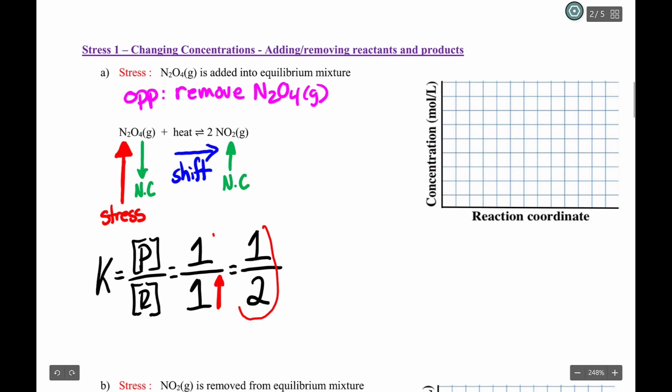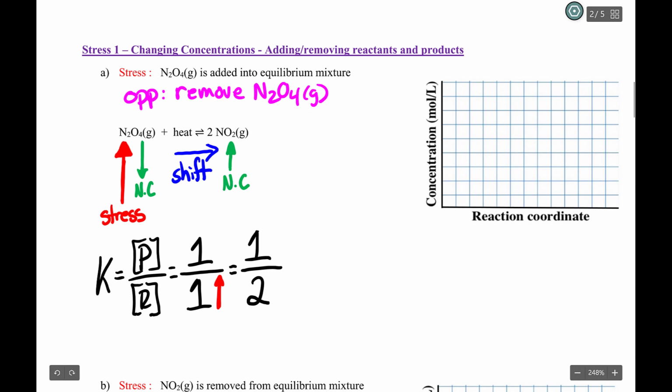Well, a constant is a constant, everybody. It wants to get back to the value of 1. So what it needs to do is we need to shift the reaction to change these values, so they come up with a ratio that is equal to 1 over 1.